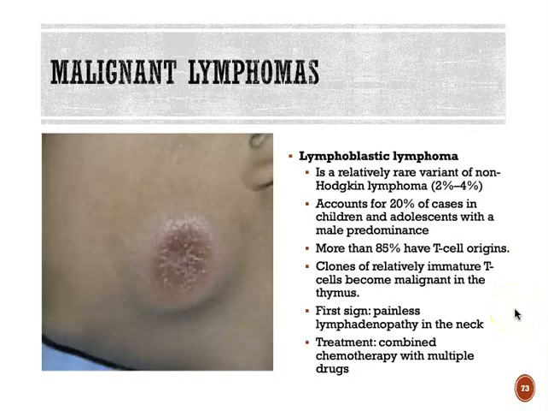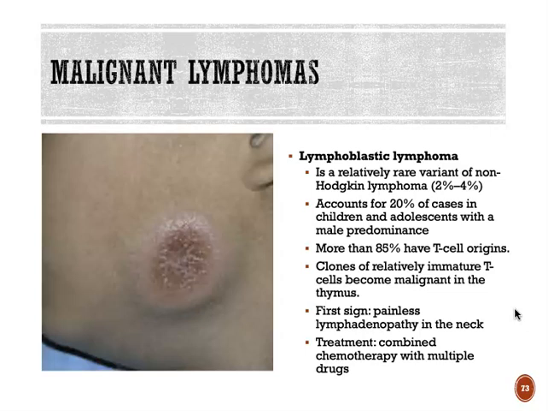And then we have our lymphoblastic lymphoma, which is rare, but it is an aggressive type of non-Hodgkin lymphoma, and it accounts for about 2 to 4% of cases overall, but 20% of the lymphomas in children and adolescents, with a higher incidence in males. And more than 85% of cases are going to originate from T cells, with immature T cell clones becoming malignant in the thymus.